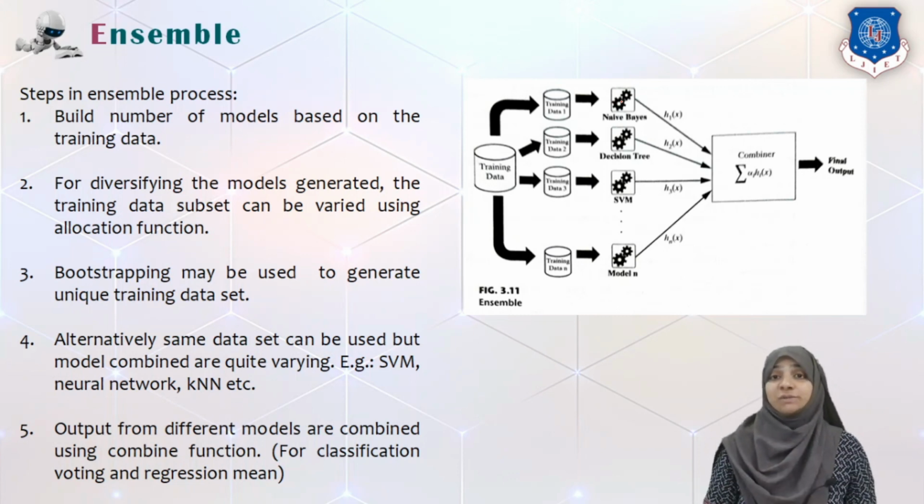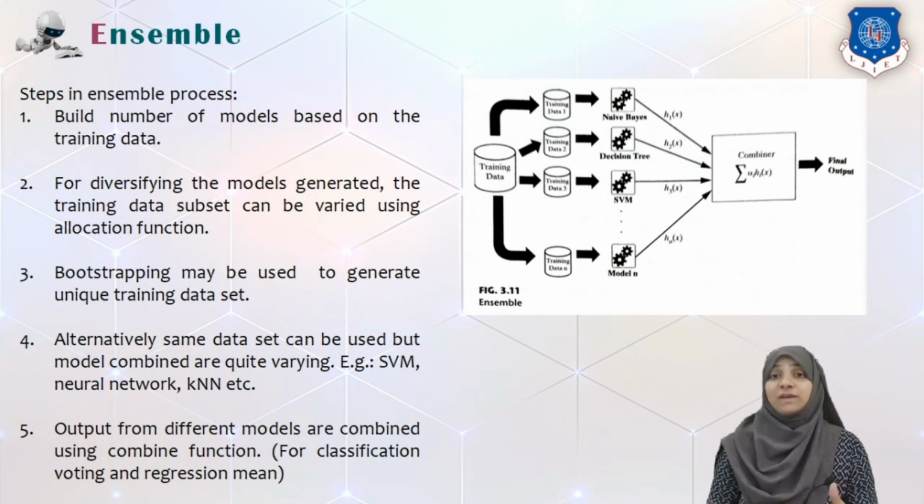In a regression model, these hypotheses are nothing but the values output by each of the models. These values can be averaged. When the algorithms are of classification type and different algorithms are giving different classes as output, we can take a majority vote.